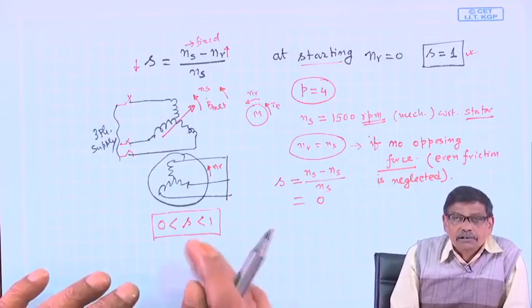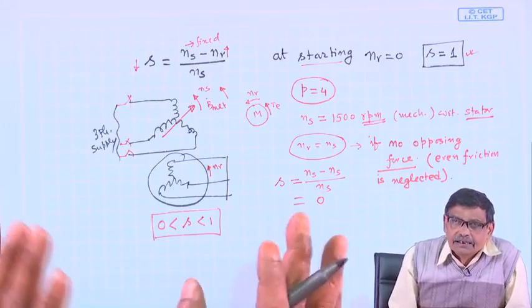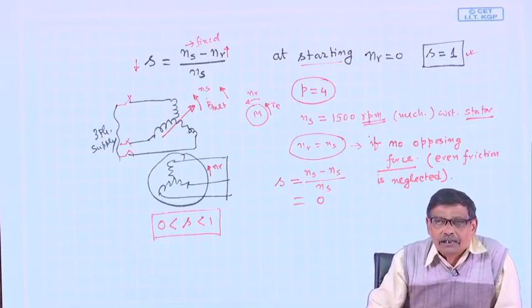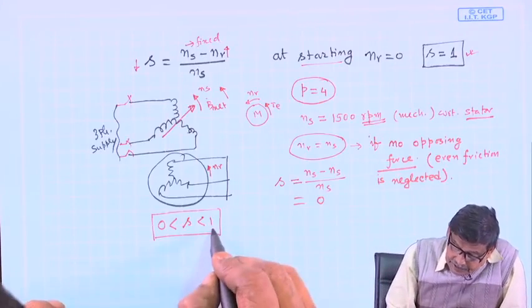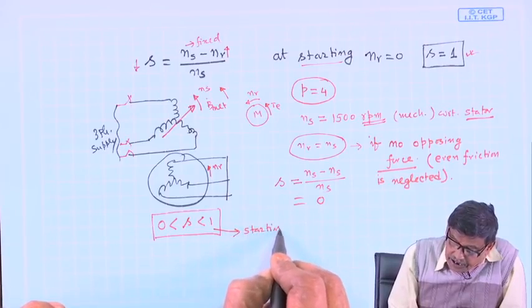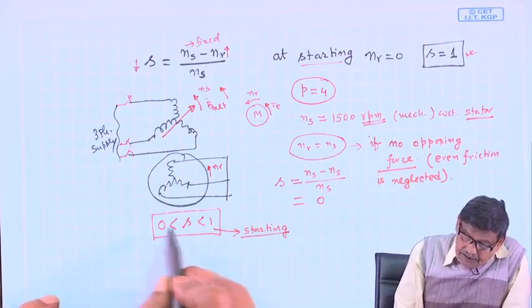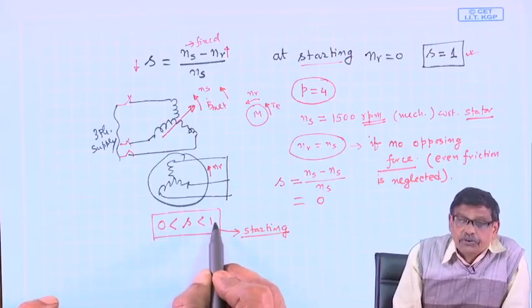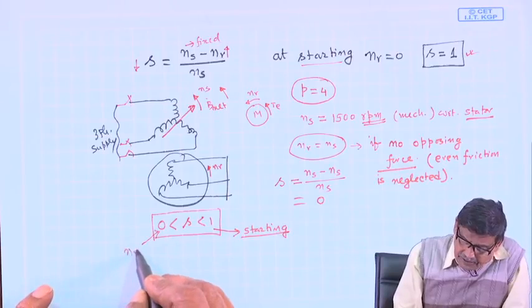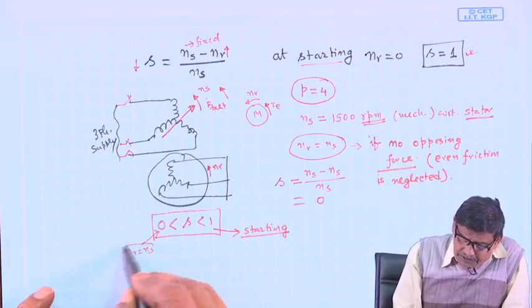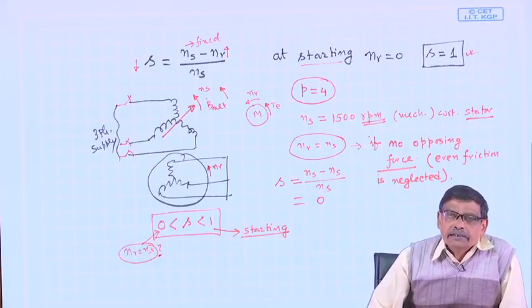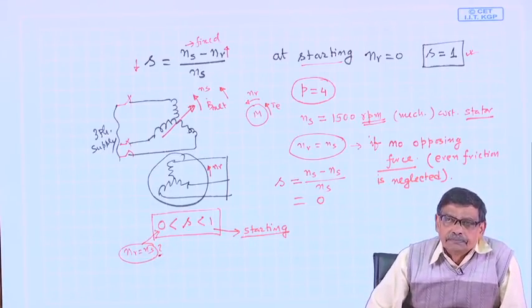where S equal to 1 is a very real thing, not ideal. S equal to 1 exists when you switch on the supply. This corresponds to starting. So, slip can assume any value between 0 and 1, and the other end corresponds to Nr equal to Ns, which is of course a doubtful proposition, because no machine is frictionless.